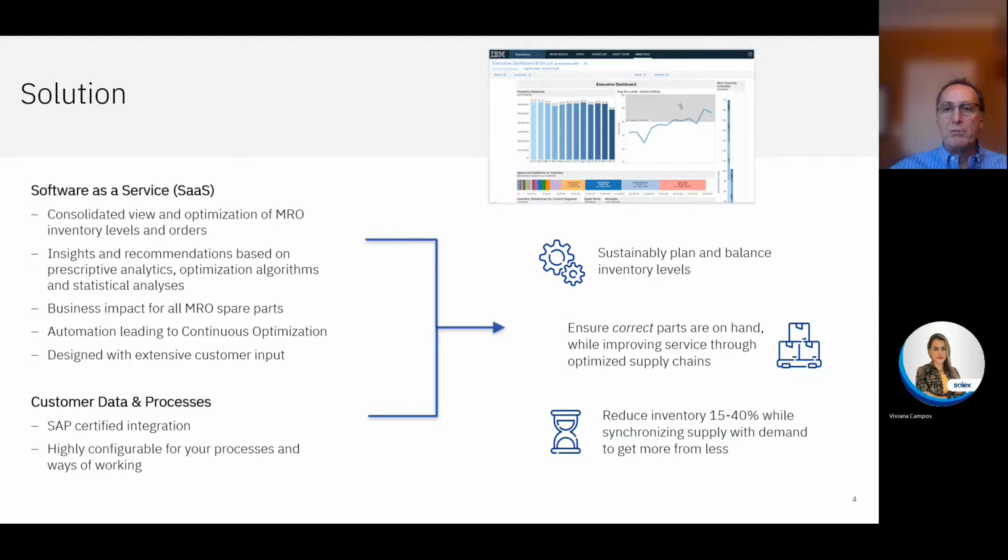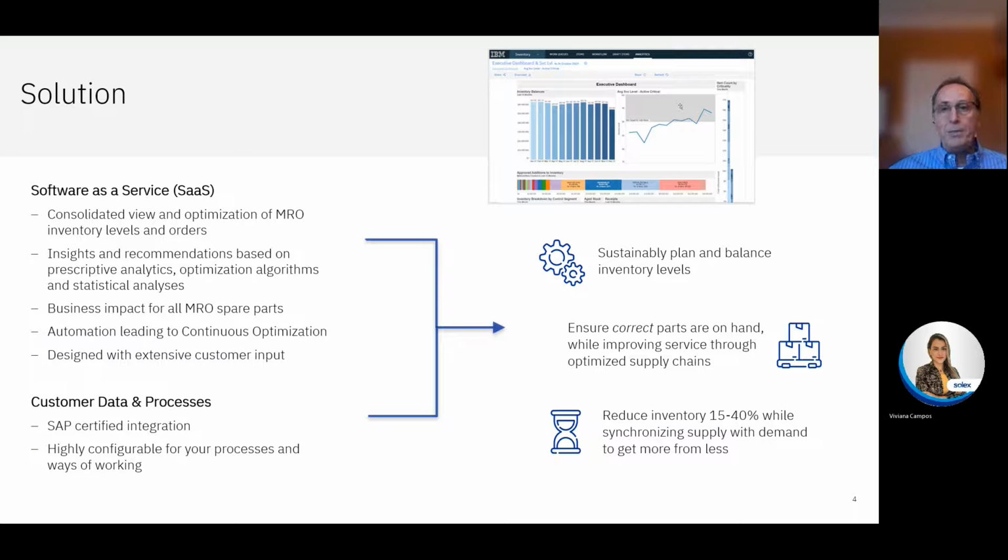It's continuous optimization. Once you get the solution up and running, through implementation, it will provide you with recommendations continuously. Those recommendations are then pushed to your ERP or EAM system. When we design the system, we're taking into consideration all the variables from your implementation, through a criticality workshop, through a configuration workshop as well.